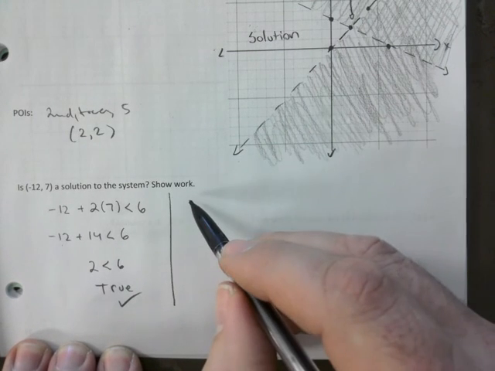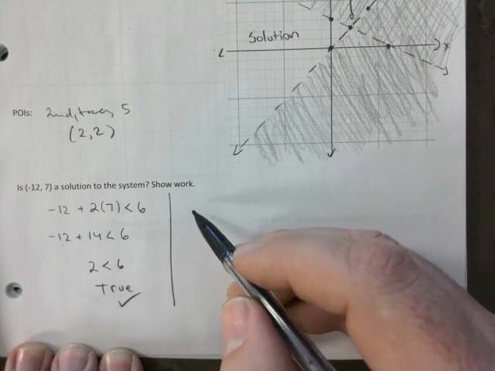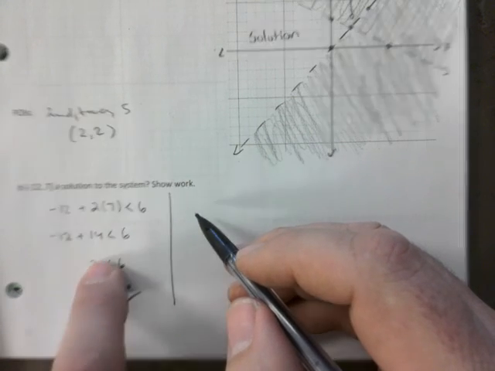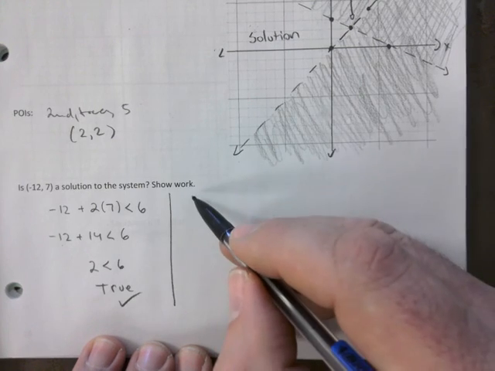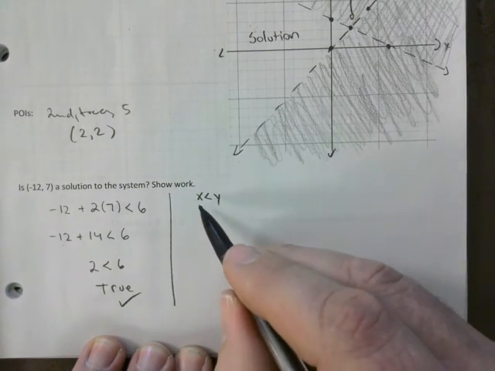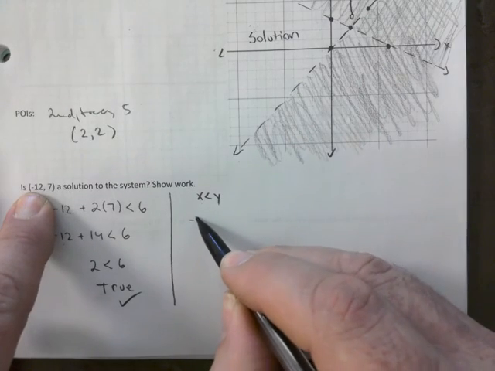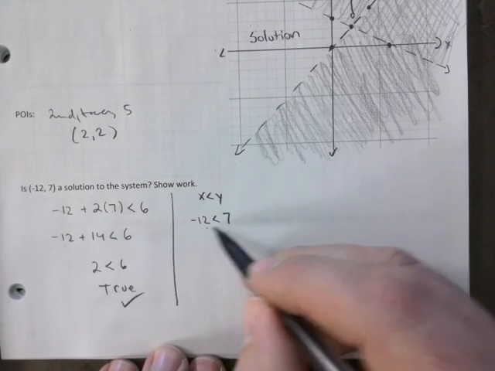Then you use the other one. If I go back to the original, because most likely you're not going to graph it when I ask you to do this to check for a solution. I just happen to do it at the same time so you can see it. But if I use this one, it's saying that x, which is negative 12, is less than y, which is 7, right?